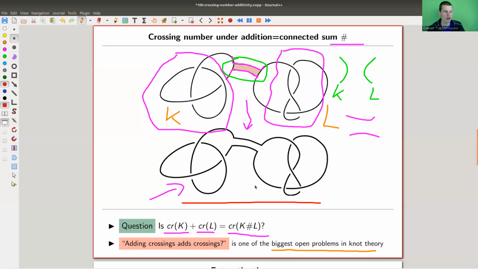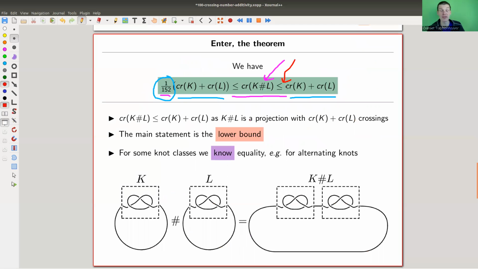So whatever the crossing number here is, it can't get bigger than this one, because we take the minimum over all projections, and we just found the projections with this number of crossings, right? So the upper bound is not hard. This one is the real meat, and it's really, really hard. And this number 1/5(2) is a bit random. And that's just what it is. So the main statement here is the lower bound. And as I said, I don't know right now.